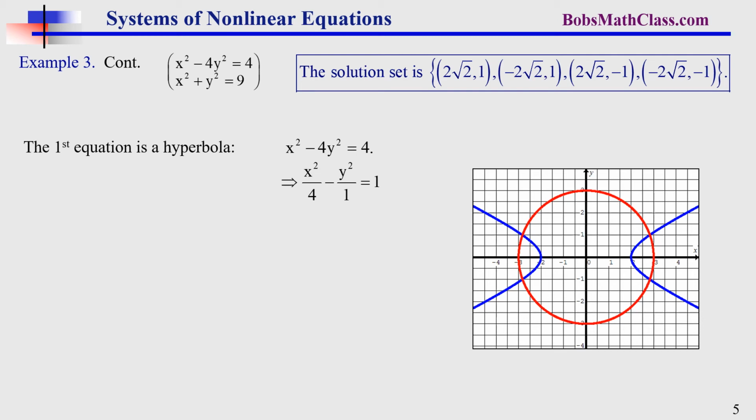I'm just going to go back over that the hyperbola, it's not in standard form. So if you divide it by 4 on all of them, then it's x squared over 4 minus y squared over 1 equals 1.